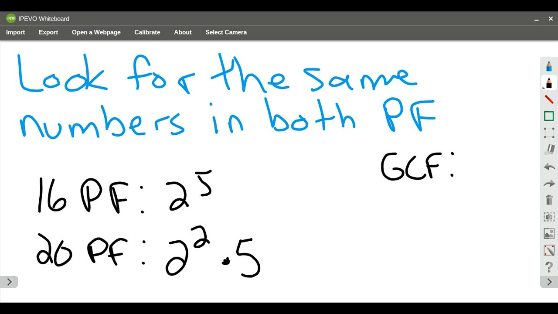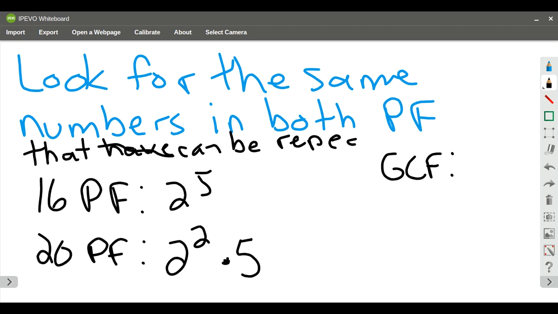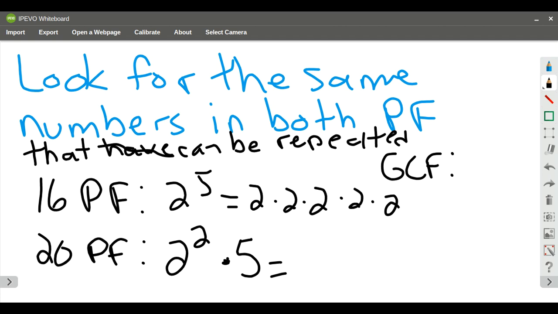And what I need to do here is look for the same number in both prime factorizations that can be repeated. What I mean by can be repeated is, if I break this back down into non-exponent form, 2 times 2 times 5, I look for what's the same.